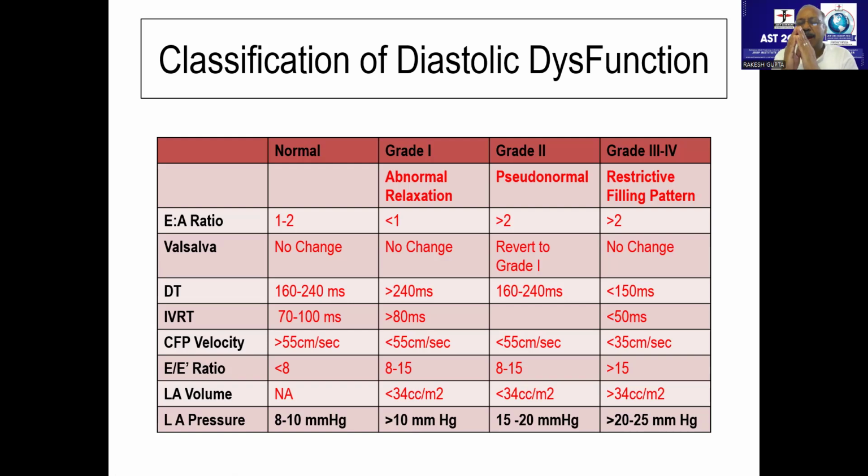Now look at me, my heart is stiff. It is not able to expand or relax. I'm not talking of contraction, I'm talking of expansion, because for contraction, it has to expand. If my heart is stiff and takes longer to expand, what will happen? E will become smaller because the LA pressures are higher compared to a normal person, and the atrial kick will become taller.